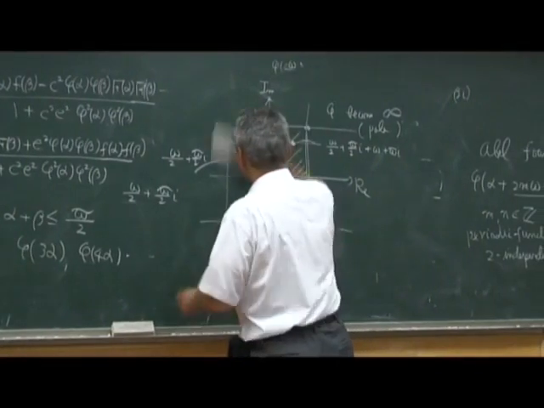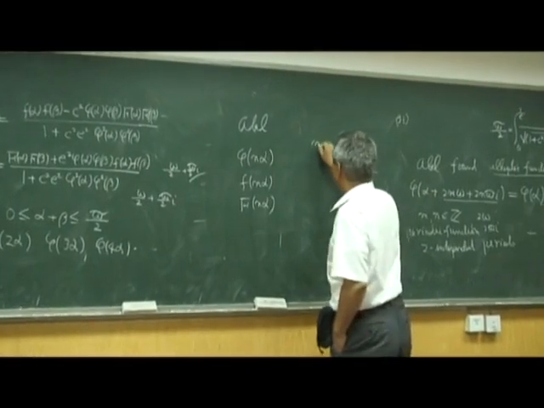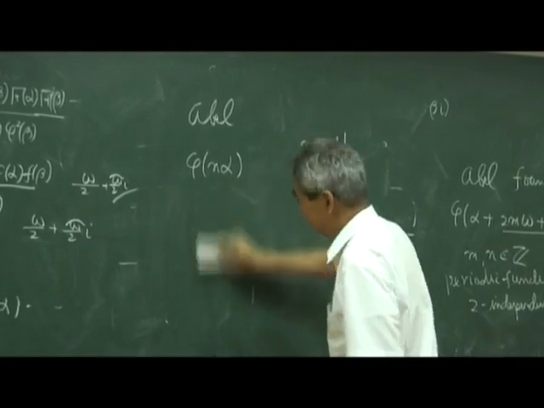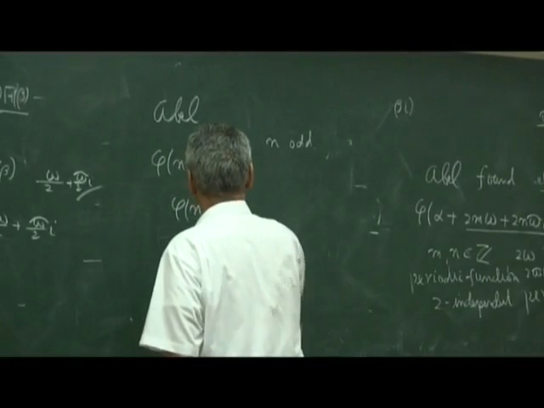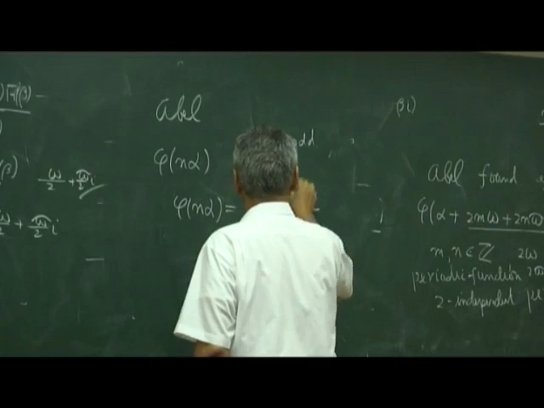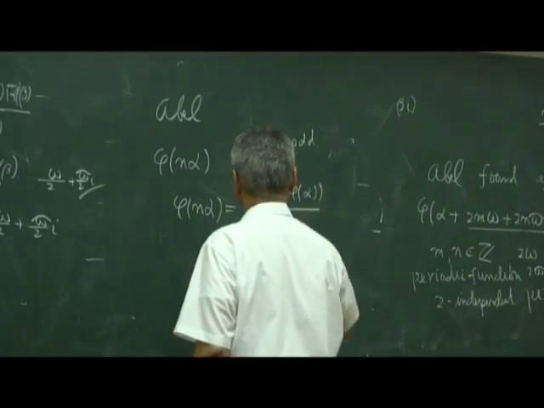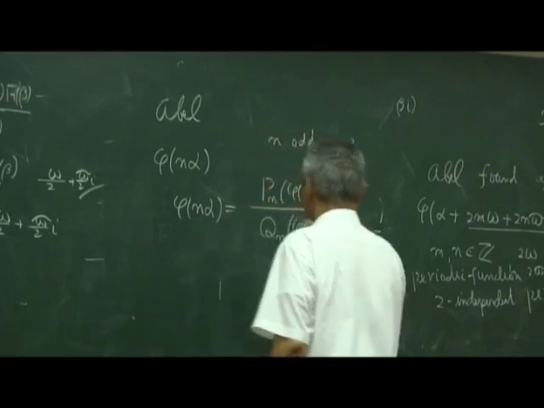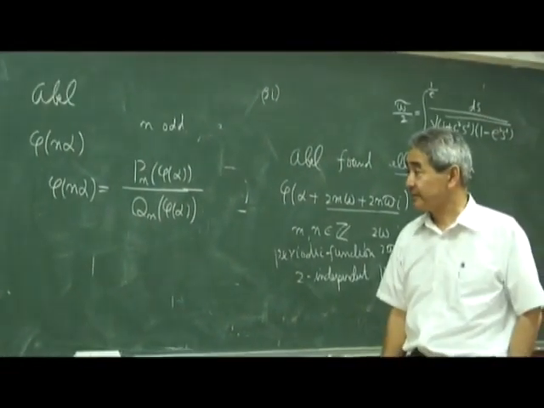And what he found is, if n is odd, then in alpha we can write down something as Pn of I alpha, just n's polynomial.